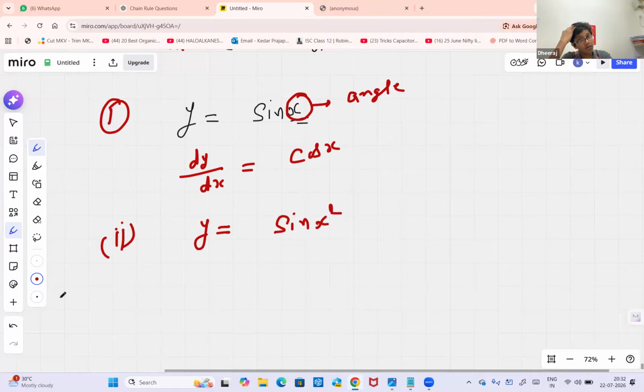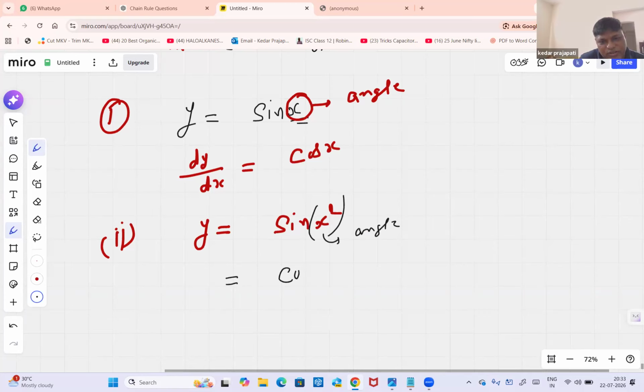Just remember this, inside is the angle. Treat it as theta. So it will be cos theta, and the entire thing is cos theta.